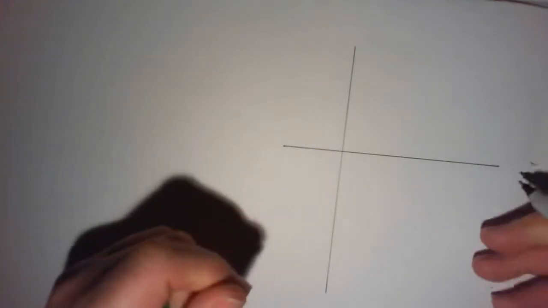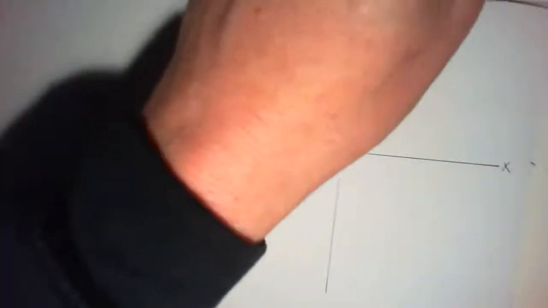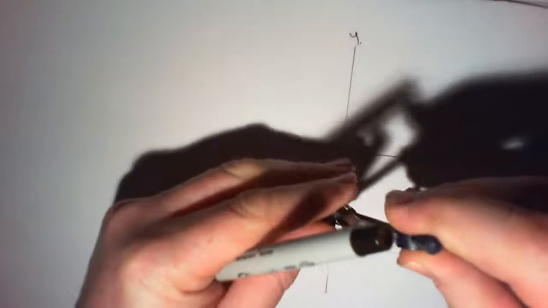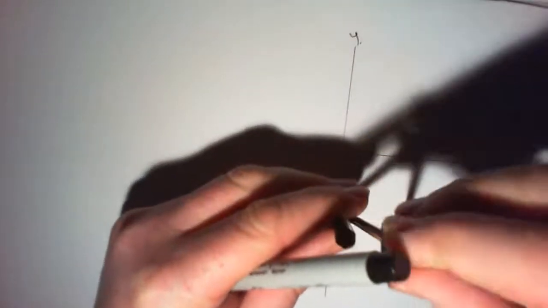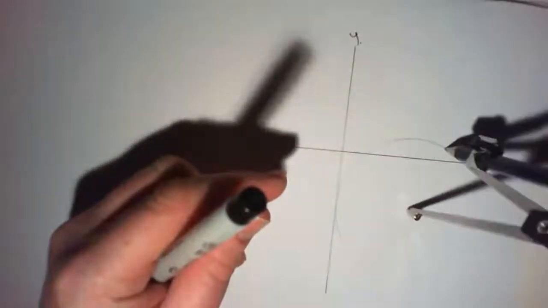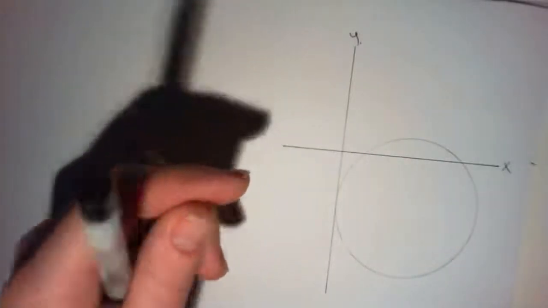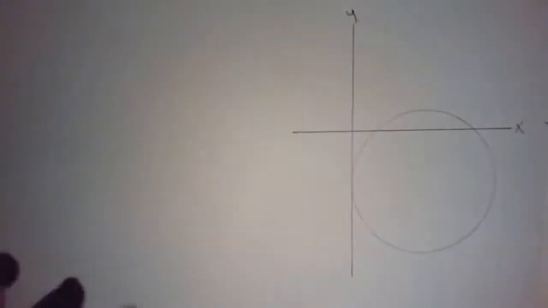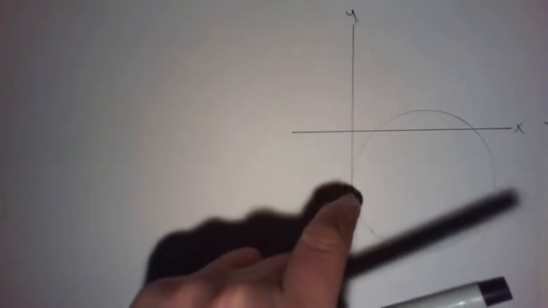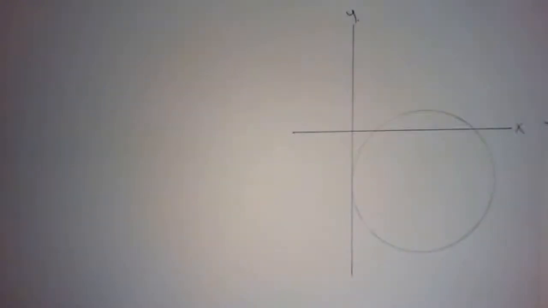So there's the x-axis, there's the y-axis. And there's a circle. As you can see, the circle touches the y-axis and intersects the x-axis.